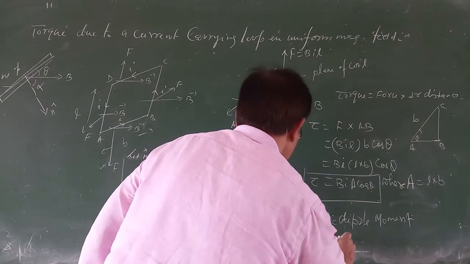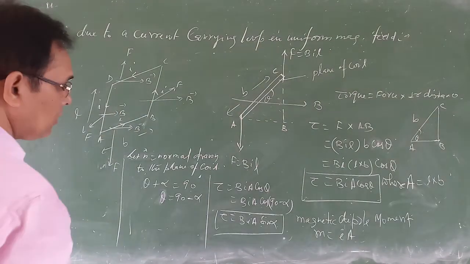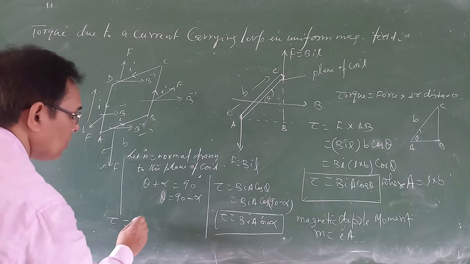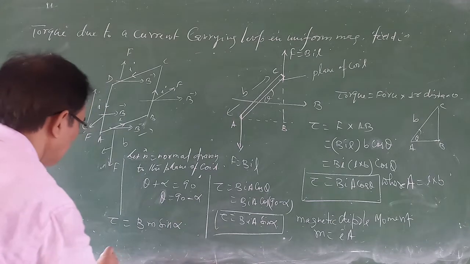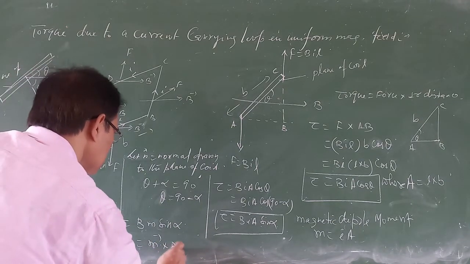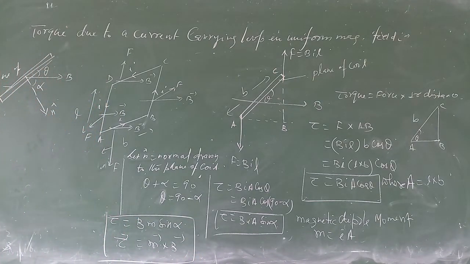M equals current into area. So you can write tau equals BM sin alpha, or you can write tau equals M cross B. So this is the torque in vector form. Note down.